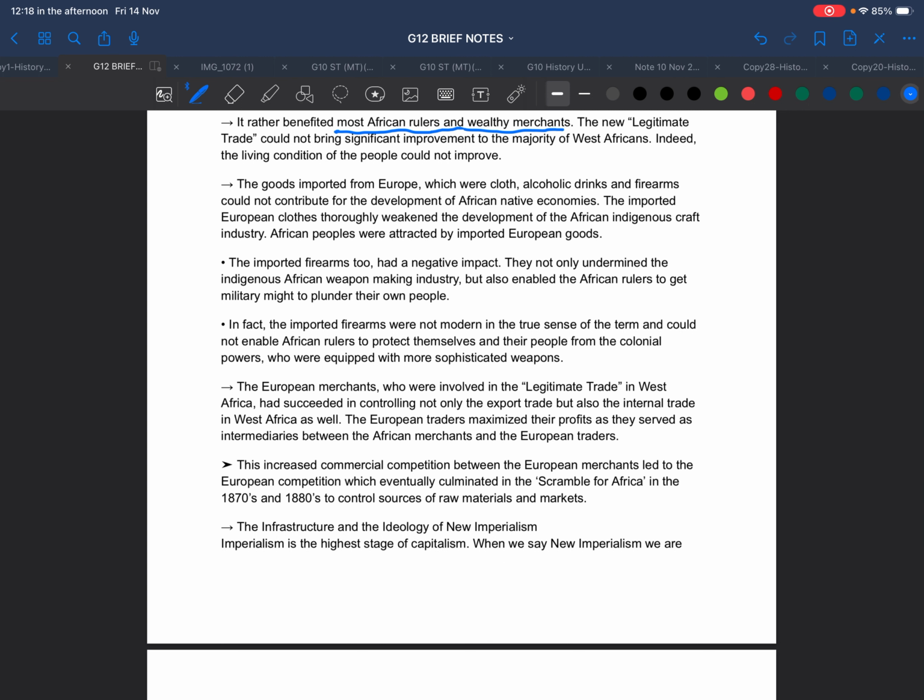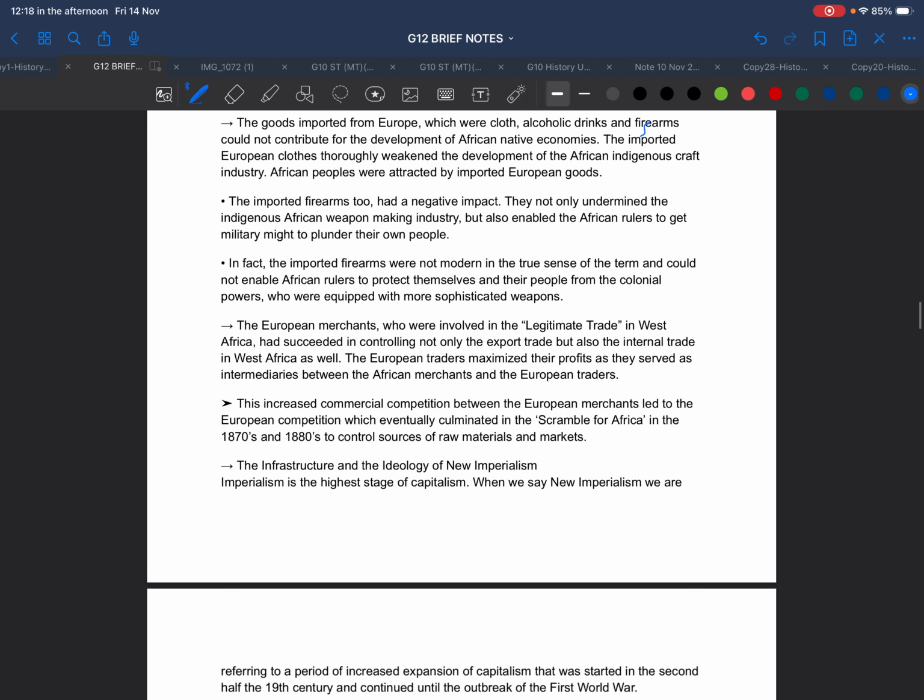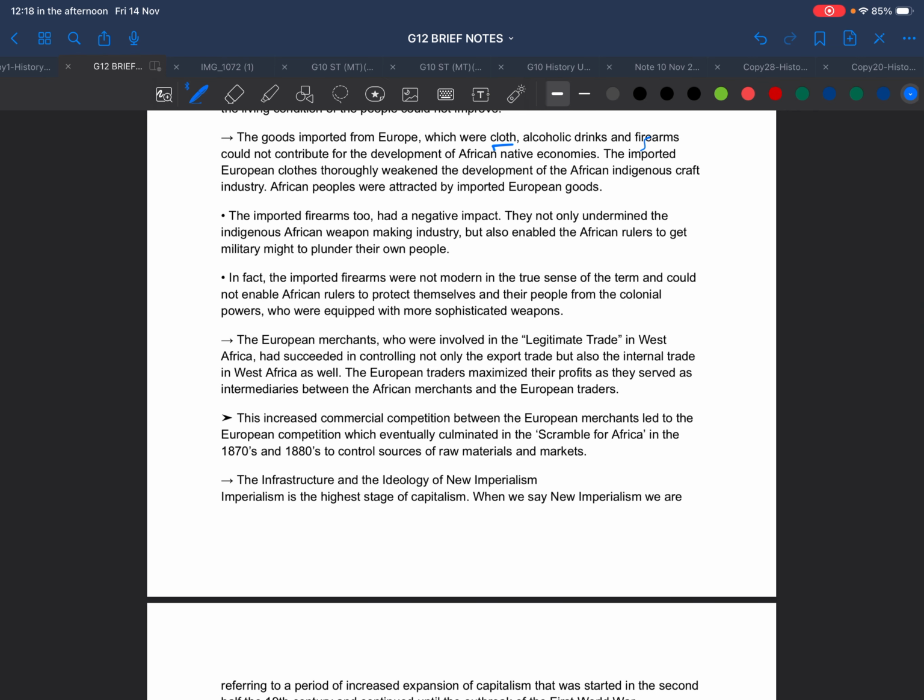The goods imported from Europe, like clothes, alcoholic drinks, and firearms, could not contribute to the development of African native economies. The imported European clothes absolutely weakened the development of the African indigenous craft industry, otherwise called the cottage industry, including the products produced by native local craftsmen throughout Africa.